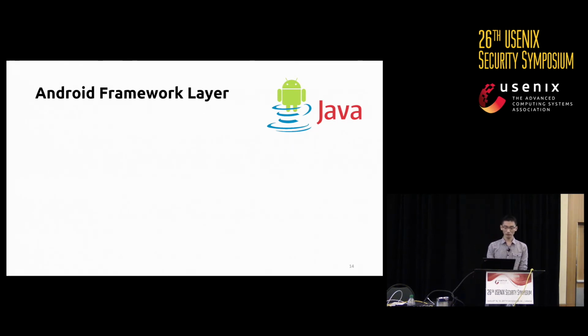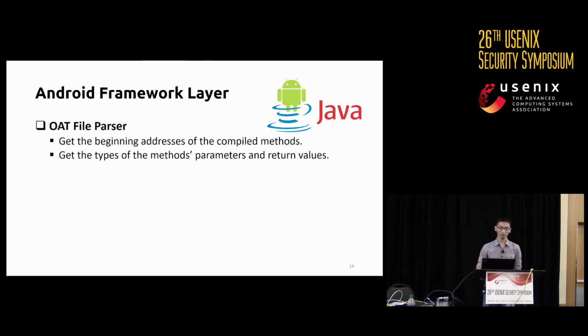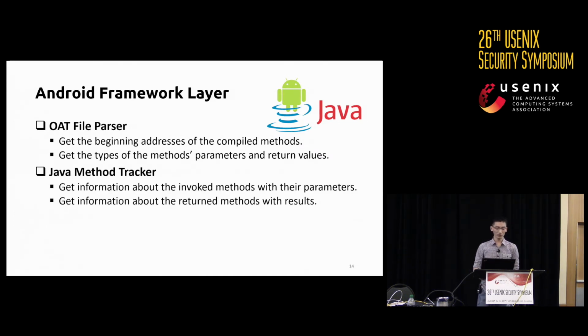In Android framework layer, 3 major components are designed to collect different information. The OAT file parser is designed to parse OAT files. With it, we can get the beginning addresses of all the compiled Java methods and get the information about the methods, parameters, and results. Java method tracker is used to track the method invocations and returns. It checks the method invocations through comparing the target address of each jump instruction with the beginning addresses of the compiled Java methods.